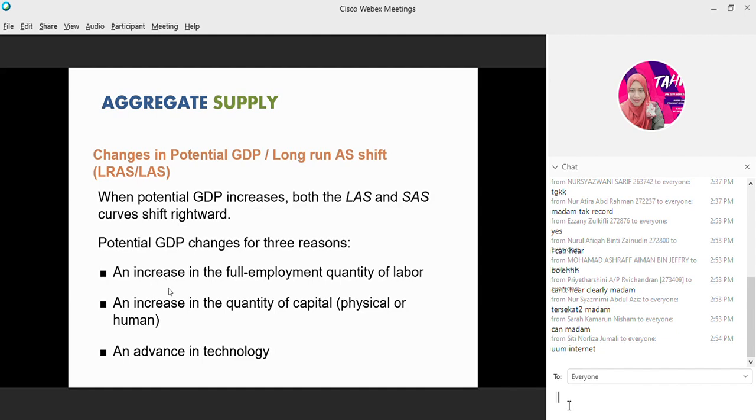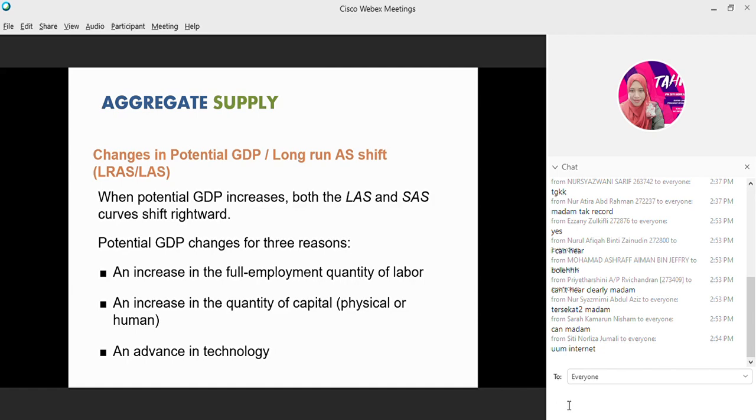Remember, if anything brings an increase in anything, the curve will shift to the right. So this is an increase, this is an increase, this is an advance, meaning that the LRAS will shift to the right. An increase in the full employment quantity of labor means that the availability of labor increases.